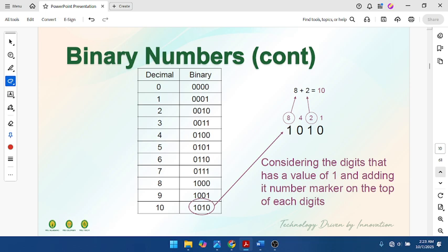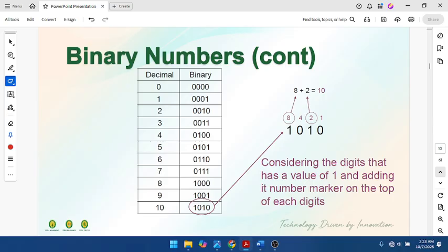So for example, the decimal 1 is 0001, only the ones place is on. For 2, only the 2's place is on, so we have 0010. Then look at the decimal 3, which is 0011.